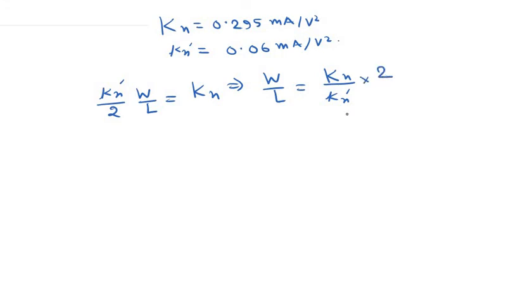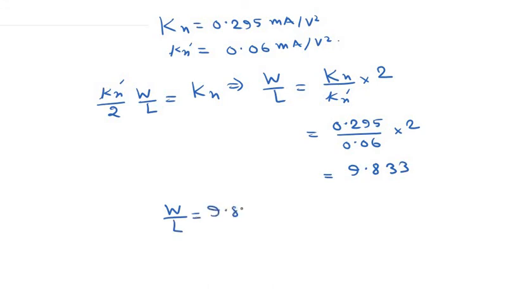This is equal to 0.295 divided by 0.06 multiplied by 2, which gives 9.833. So we have the value of W by L for this MOSFET, which was also asked in the question. W by L is equal to 9.833.